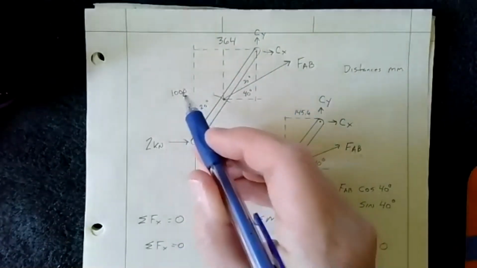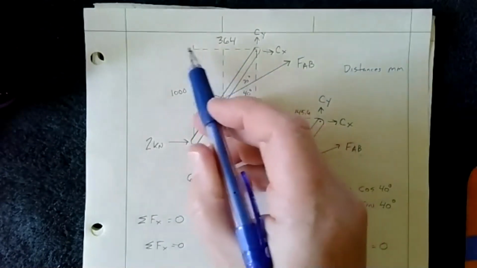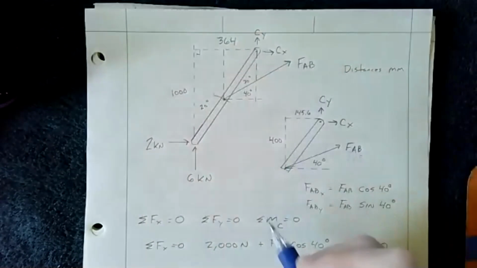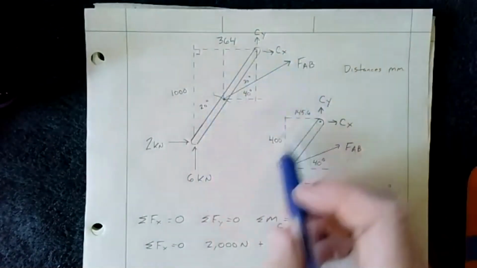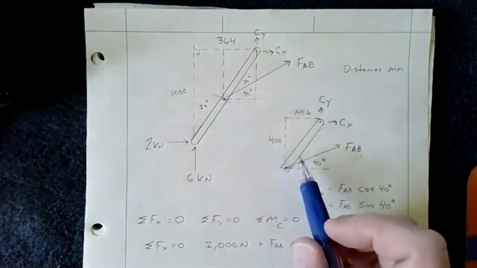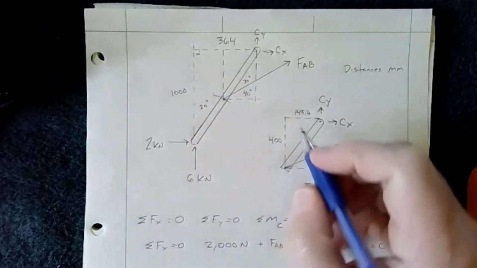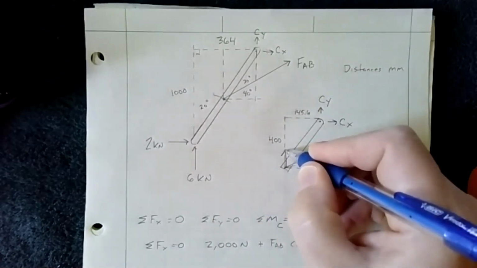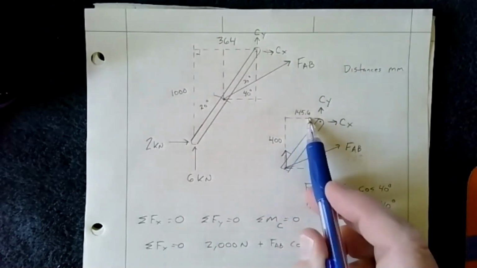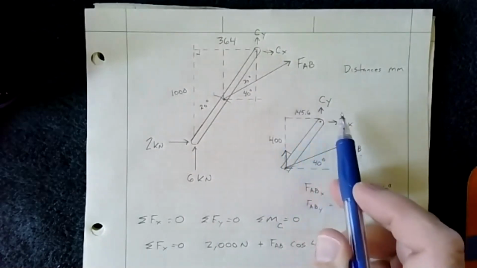So the 2 times 1,000 is going to be positive, whereas the 6 times 364, because we always go by the perpendicular distance, that's going to be a clockwise moment, or negative. And then we can then break this down. We know that this is going to consist of a force going up like this. That's going to be our sine FAB times the distance 145.6. Again, that's going to be a clockwise.